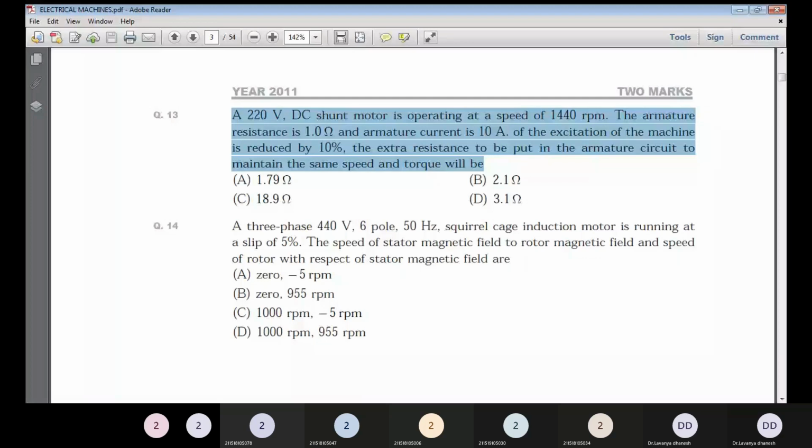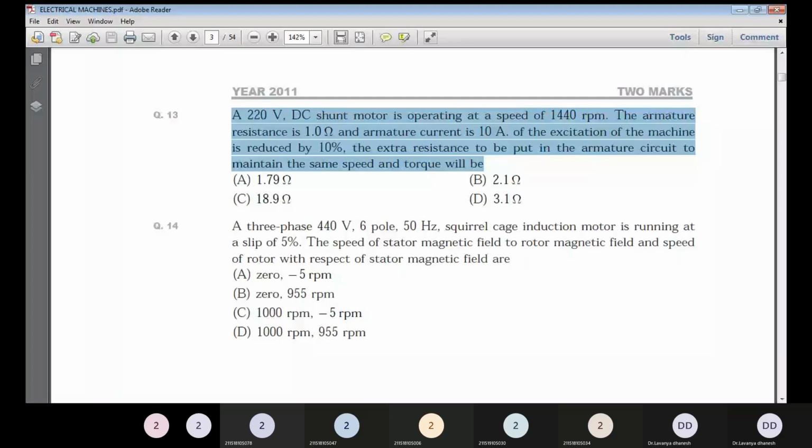So to substitute into this formula, we know the back EMF formula. The same formula will be used for us. V is equal to EB plus IA Ra, so we have the expression.